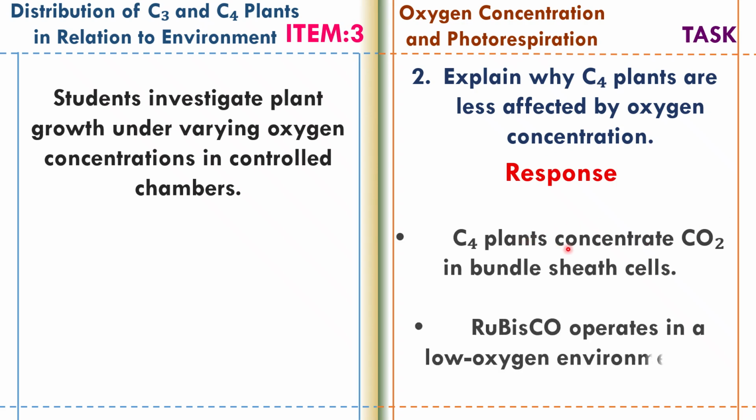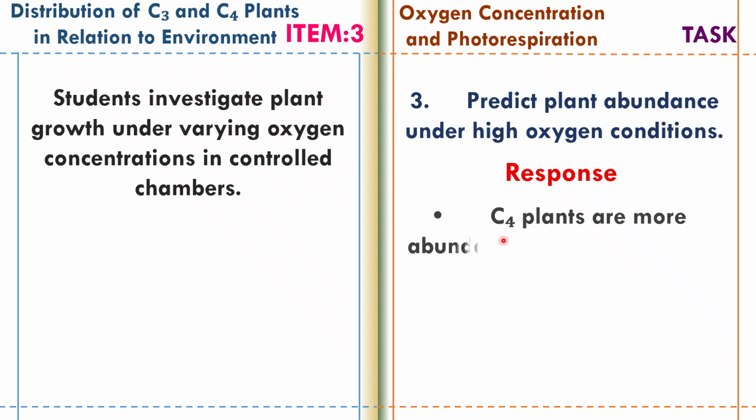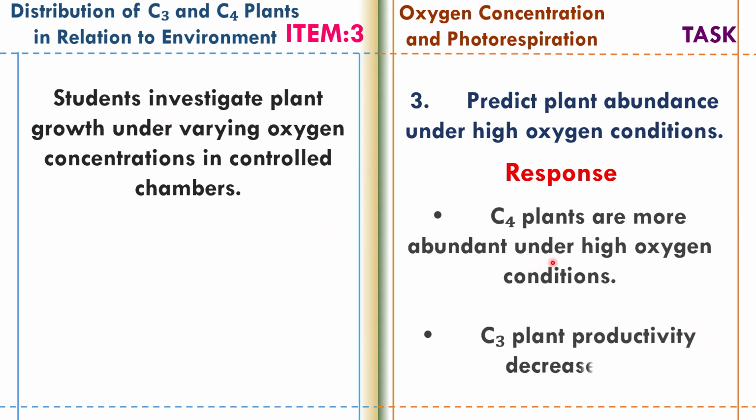C4 plants concentrate carbon dioxide in bundle sheath cells. Rubisco operates in a low oxygen environment. Predict plant abundance under high oxygen concentration. C4 plants are more abundant under high oxygen concentrations. C3 plant productivity decreases.